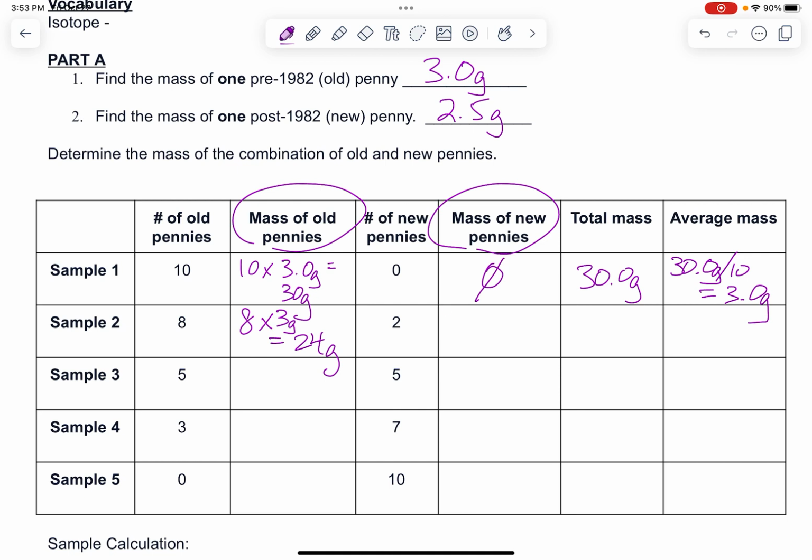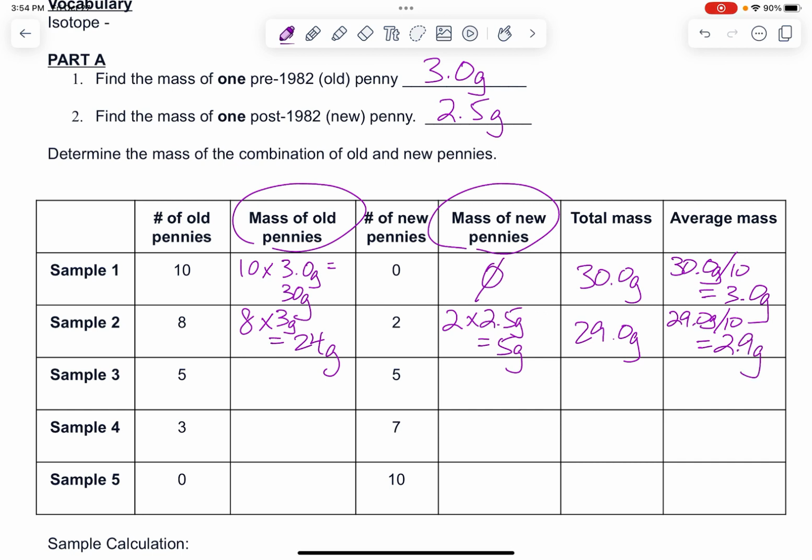If we have 2 new pennies, we take 2 times the mass of our new pennies, and that's going to equal 5 grams. If we add up 24 plus 5, we get 29 grams as our total. Then we take our 29 grams divided by 10, and our average mass is 2.9 grams.